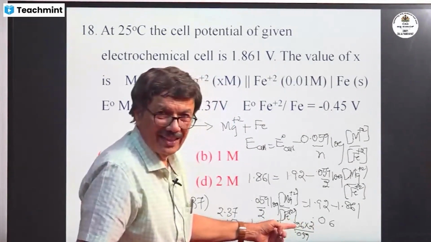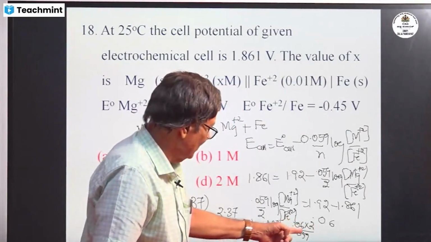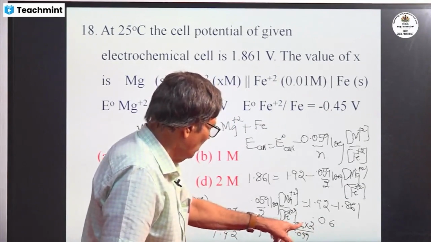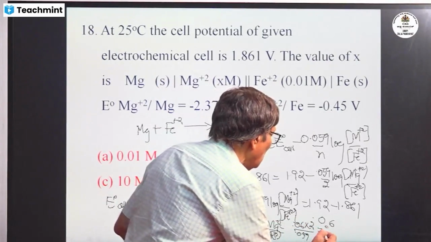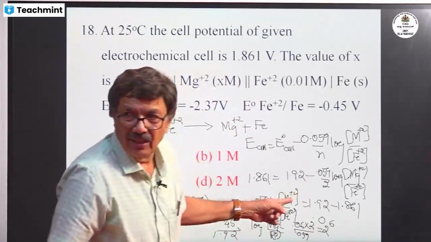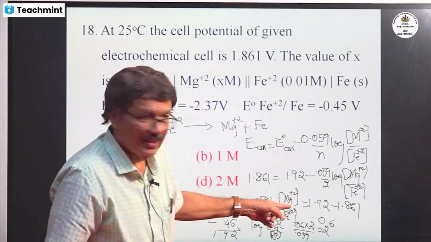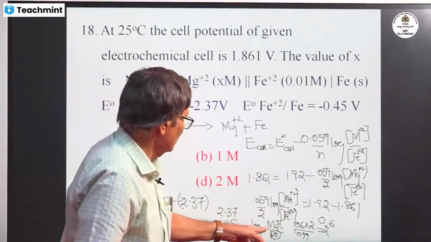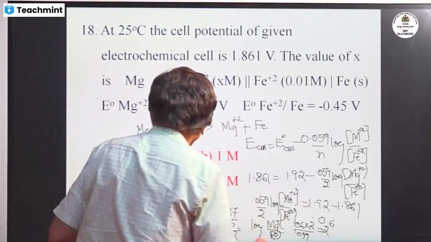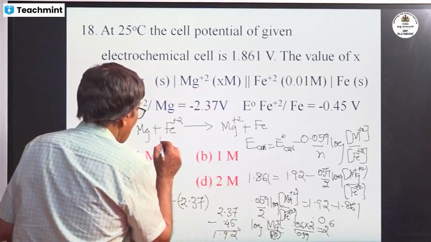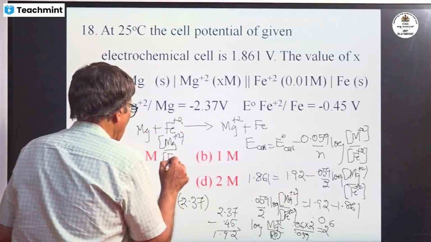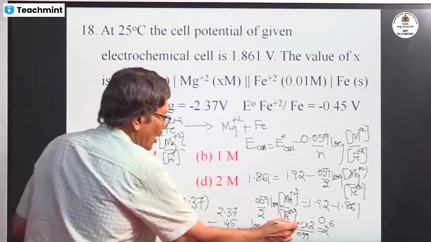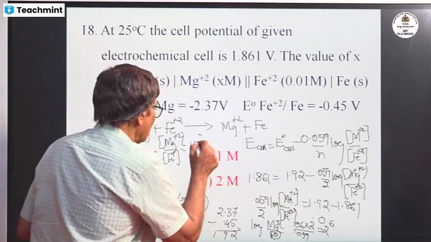They are almost same, right? So it is 2. So I want the antilog. What is the concentration? Therefore, Mg plus 2 by Fe plus 2 is equal to antilog of 2, 10 to the power 2, 100.